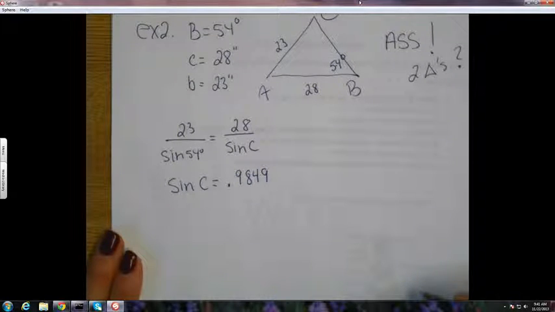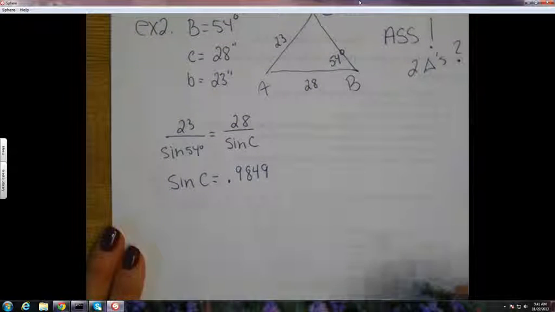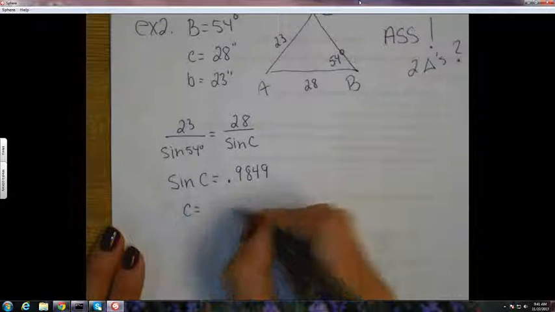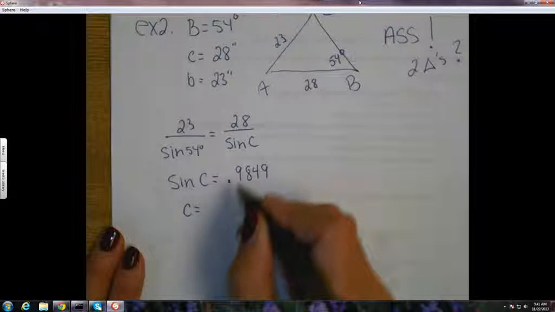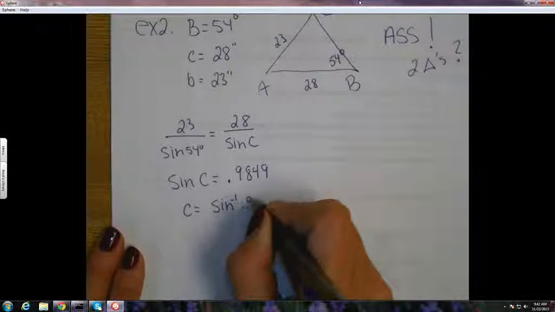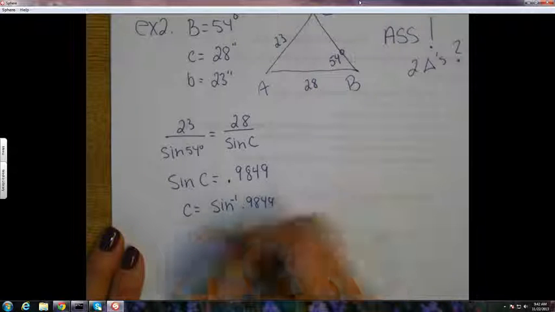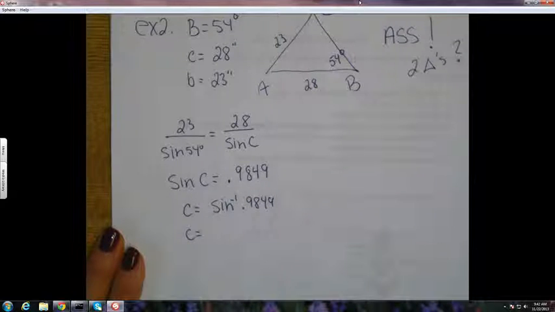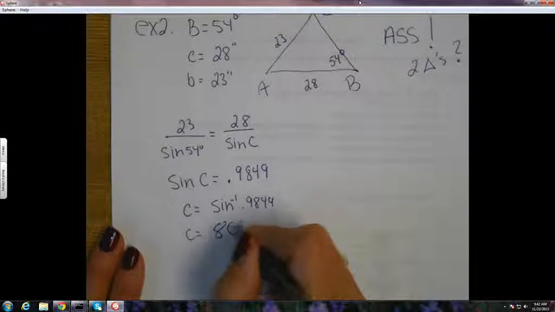Agreed? Those that tried it? To get C, we should get a value here because it's not over 1. What is the inverse sine of that value? 80 even? Or rounds to 80? 80 degrees? Okay, so we do have at least one triangle.